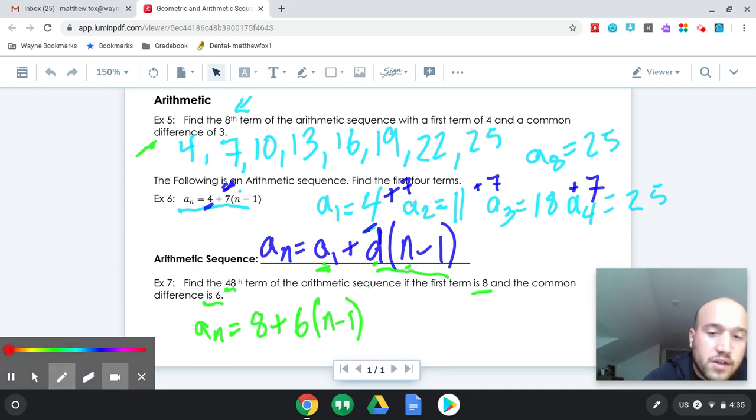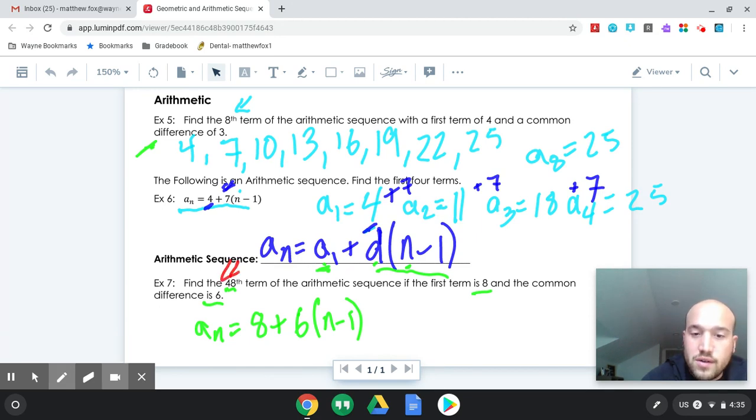Now, in our example, it's the 48th term we're looking for. So we are going to do a sub 48 equals 8 plus 6 times 48 minus 1.